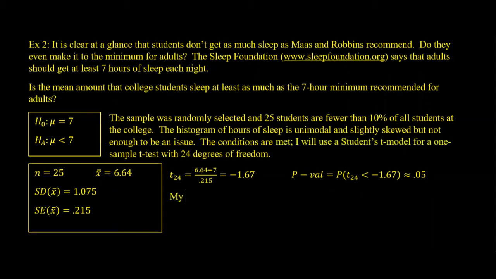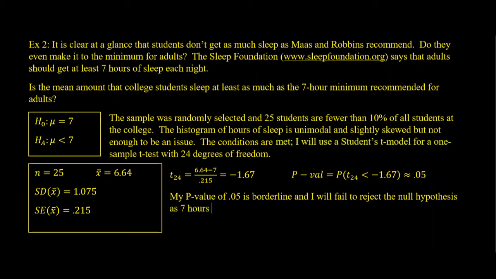My p-value of 0.05 is borderline. And I will fail to reject the null hypothesis. 7 hours does fall in my 90% confidence interval.